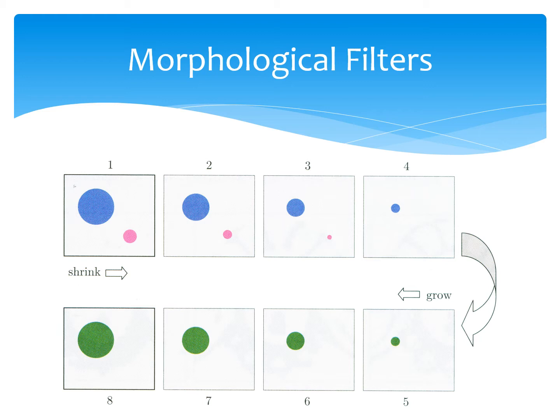In the top row, the blue circle indicates a large segment, that is, a group of pixels, and the pink circle indicates a small segment.